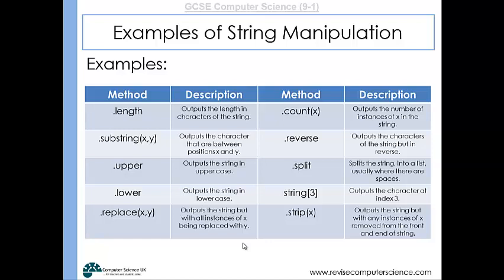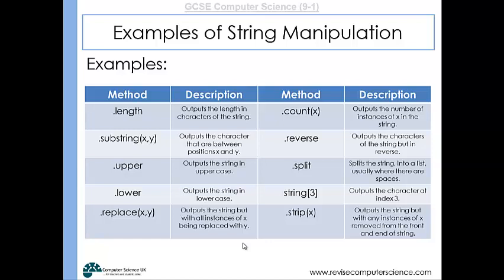Replace x and y will replace all instances of x, or whatever you give x, and replace it with y. The .count method will output the instances of whatever value you put in between its brackets and the string.